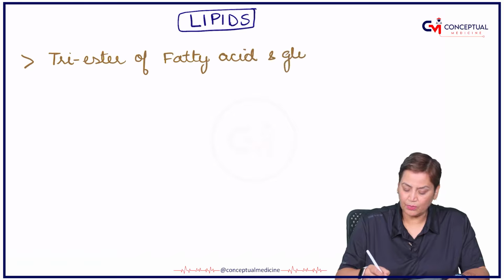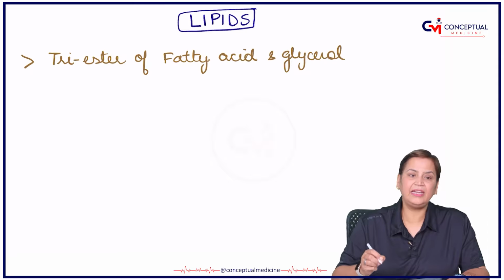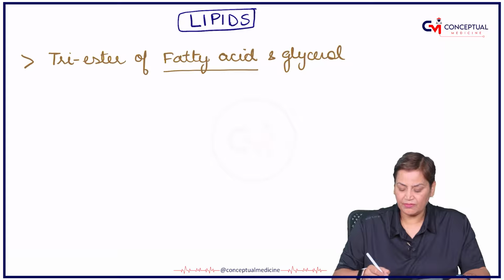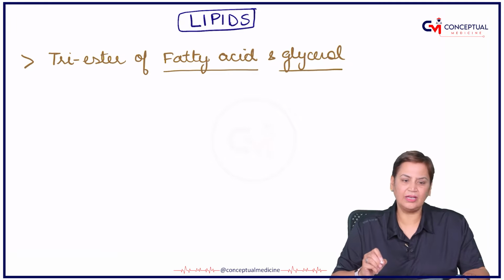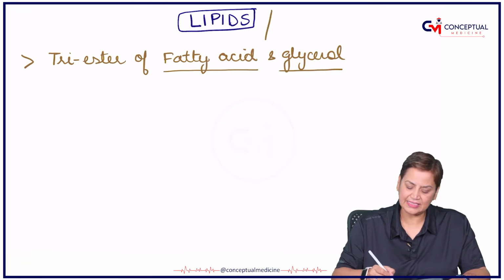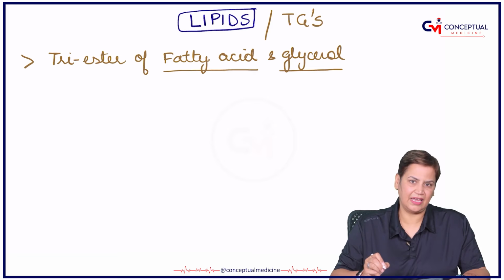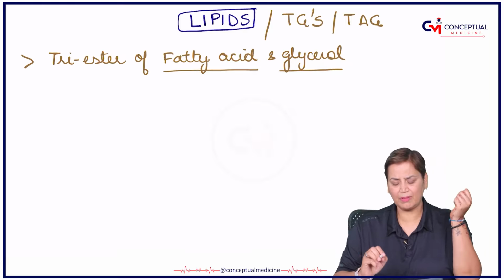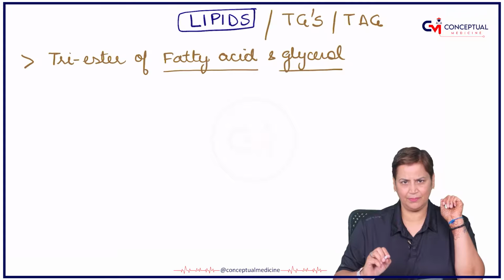These two are independent entities. A triester of fatty acid and glycerol. Because of this, we call these lipids TGs or triglycerides. We can also refer to them as triacylglycerol.